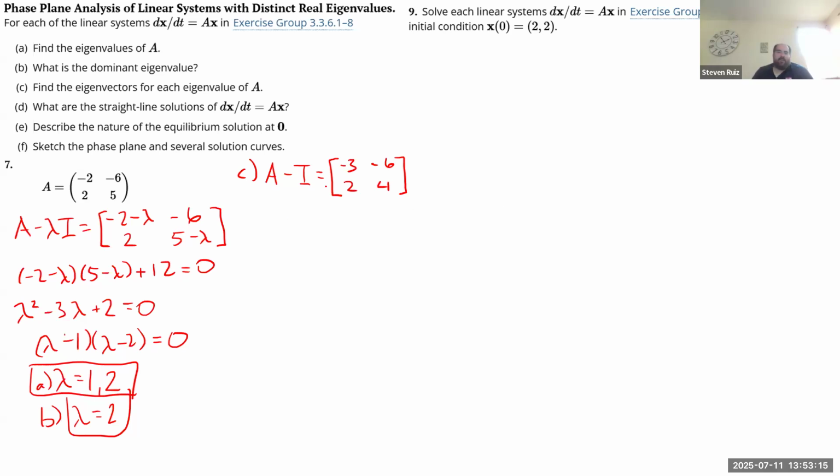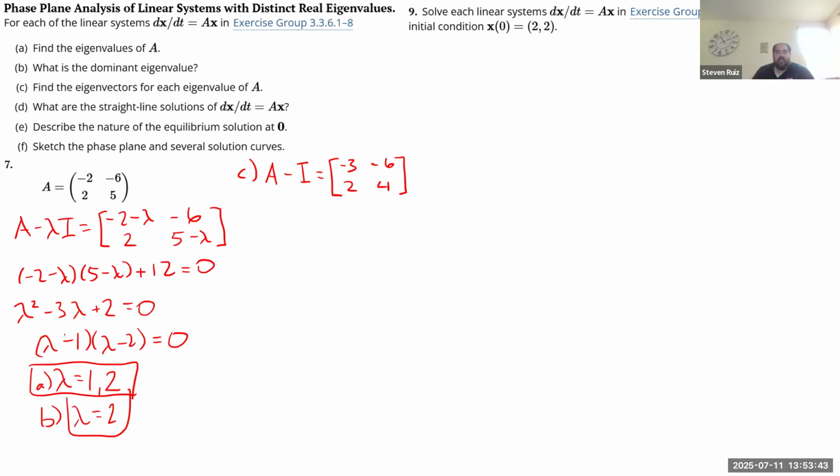If you're ever in doubt of that, by the way, here's something you can do. Remember, the way we find our eigenvalues is we're trying to find a value of lambda that, when I write the matrix A minus lambda I, gives a matrix that is linearly dependent or singular or has a determinant equal to 0.